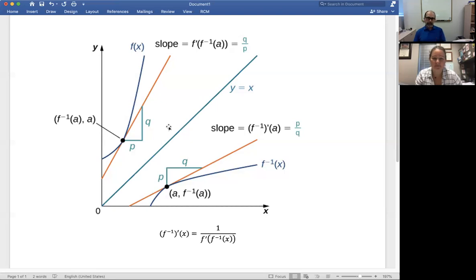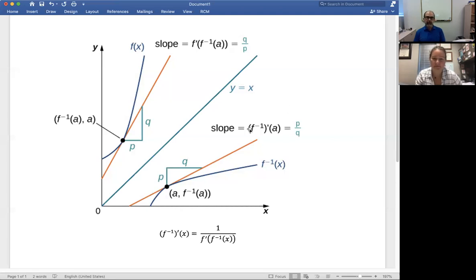Well, if you're reflecting x and y, you're changing their roles. So what was in the numerator is now the denominator, and what was the denominator is now the numerator. And that actually shows up when you look at the triangles when they're reflected. The vertical one was q. It's now that p value. And the other ones are also flipped. So that means the slopes are the reciprocals of each other.